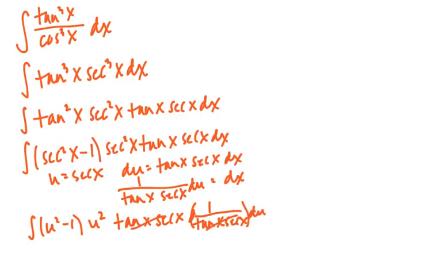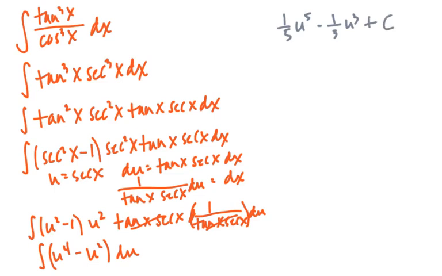And these cancel. So we have u to the 4th minus u squared du. So when we integrate that, we have 1/5 u to the 5th minus 1/3 u to the 3rd plus c. So we have 1/5, and u is secant to the 5th x minus 1/3 secant to the 3rd x plus c.